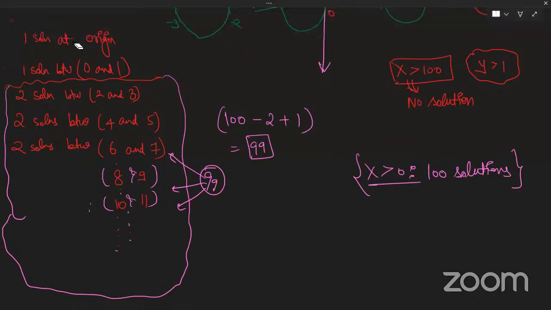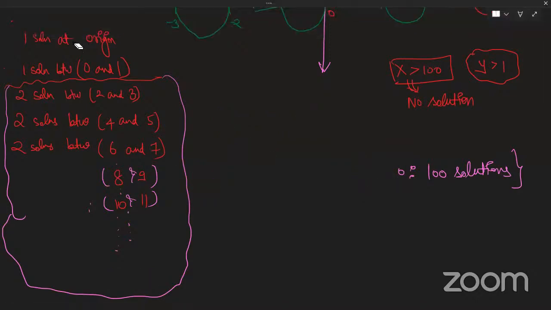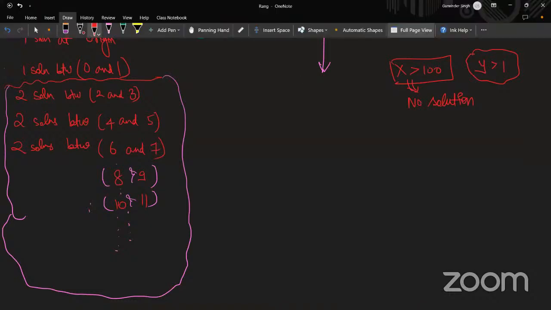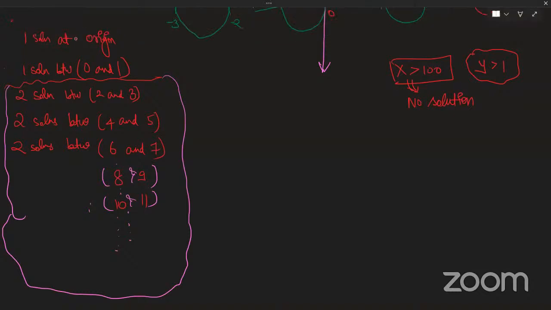There is one thing that we have missed. Yes, actually, it has to be something like this. So it is 2, 3, 4, 5, 6, 7, 8, 9, 10, 11. Then we have 12, 13.